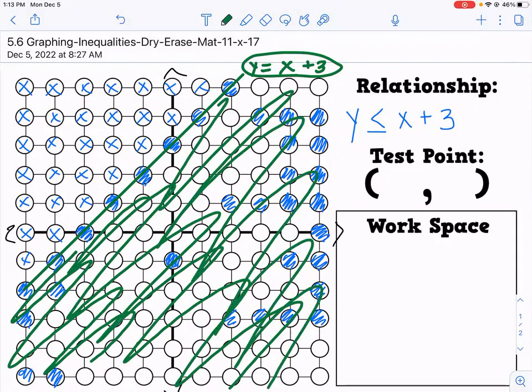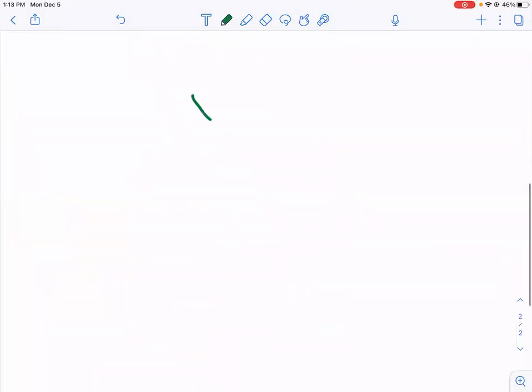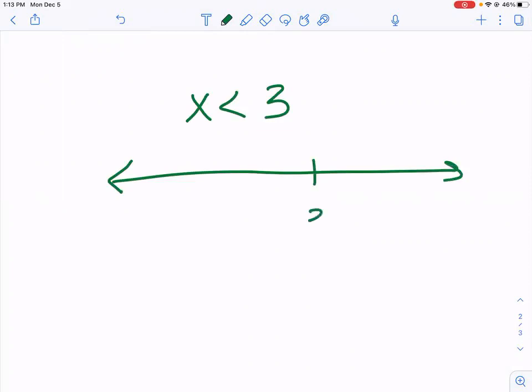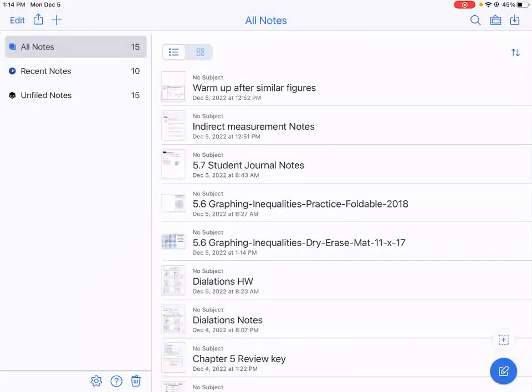Do you remember when you had something like this and you would figure out where and shade on one side? We're doing the same thing, but with a line on the coordinate plane. An inequality has an infinite number of solutions. So what we do is we shade all of the solutions. That's what we're representing.